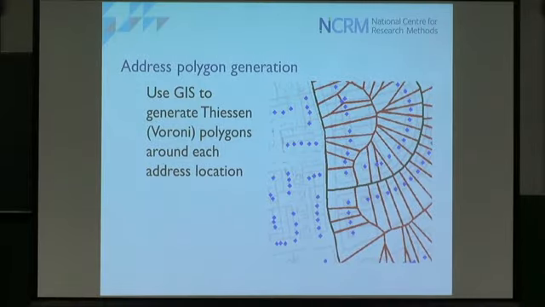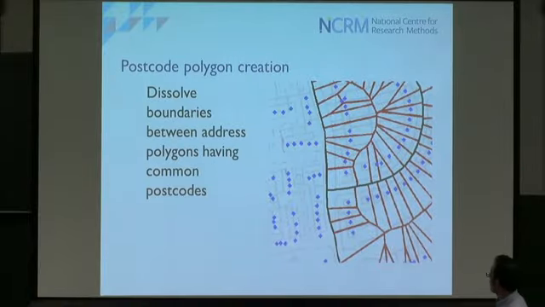So just running through the build-up of these. We have our individual households here with a polygon around them. And of course they're nested within postcode areas, which are shown with the black line. So there are our postcode areas. Our first step is to dissolve those boundaries between address polygons which have the same postcodes.